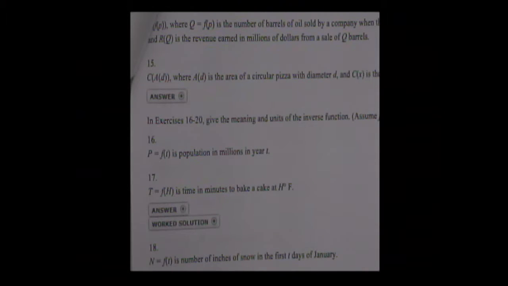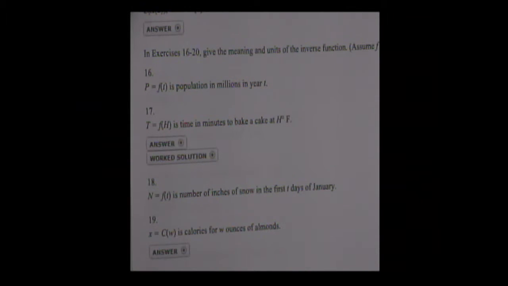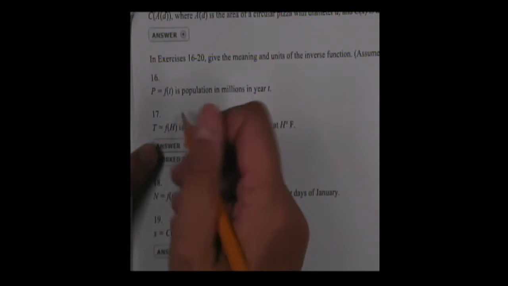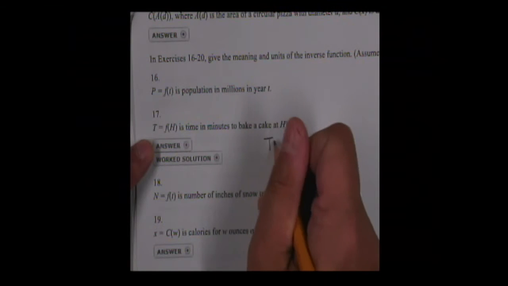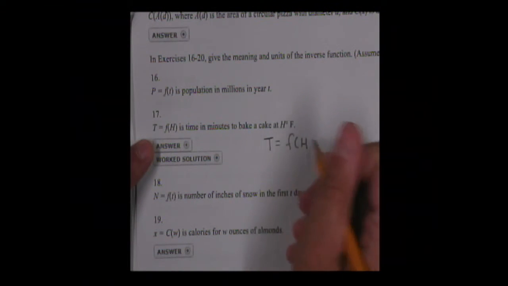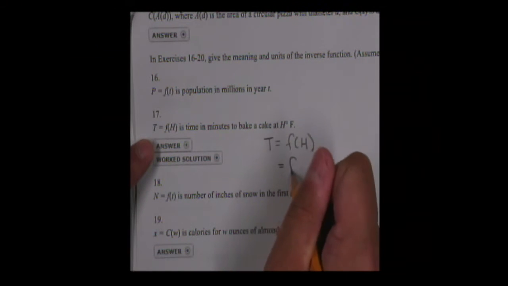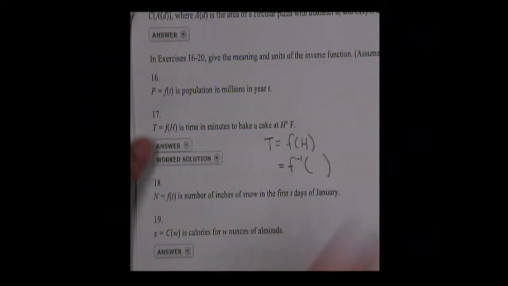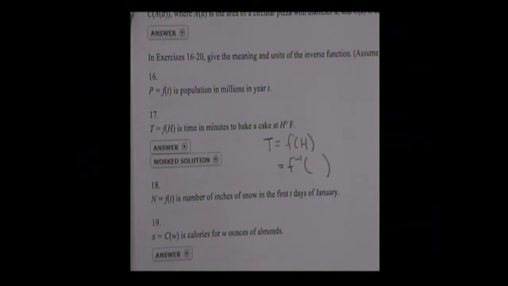Take a second here, and I'm going to look at 16 to 20, and it says in those, give the meaning and the units of the inverse function, and they do say, assume f is invertible. So suppose that we assume that f has an inverse. If we start off with t equals f at h, I'm going to rewrite this using the inverse notation.